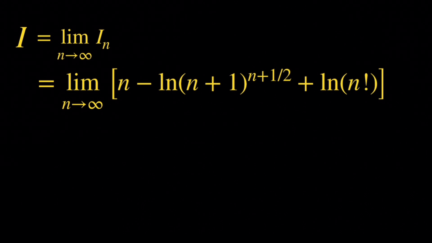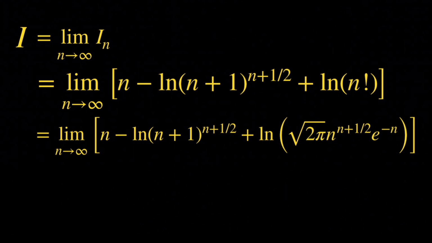Now we're going to use Stirling's approximation to compute the limit. So we know that factorial n behaves like the square root of 2 pi times n times n divided by e to the n. So we're just going to replace that.